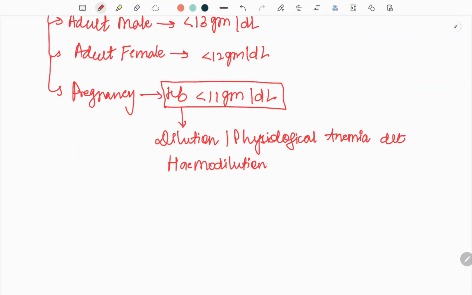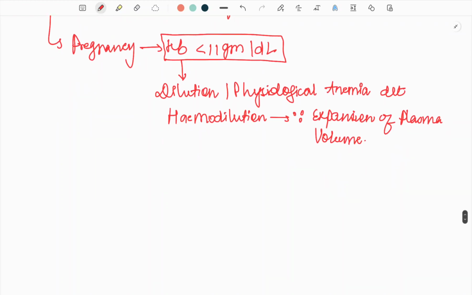Dilution, since there is expansion of plasma volume. The mechanisms which you will study in obstetrics. Okay, so there is hemodilution leading to a decrease in cutoff.